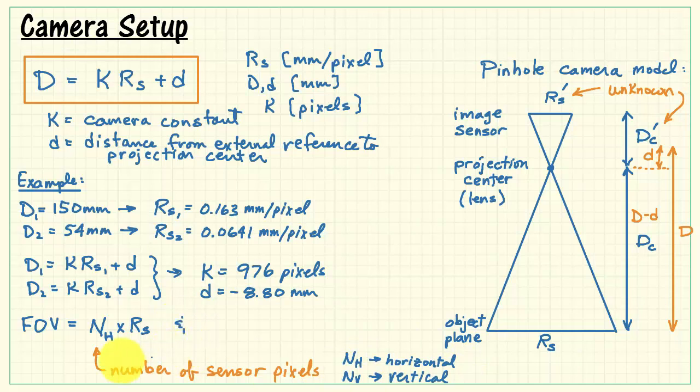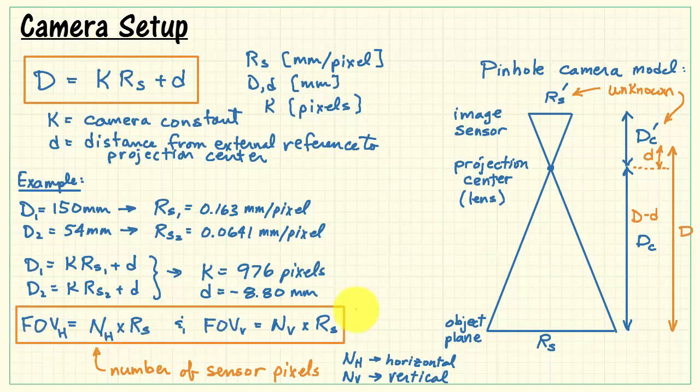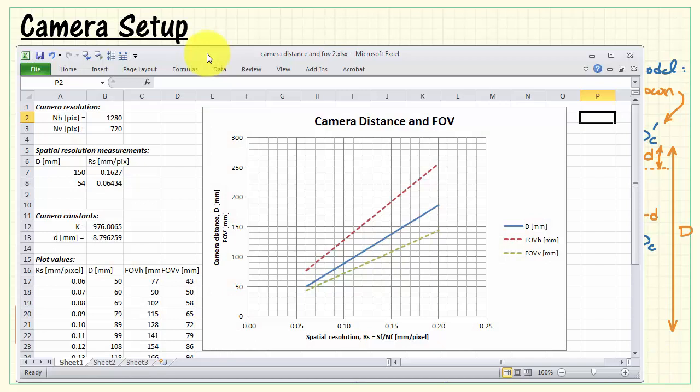And let me come back and call that field of view in the horizontal direction and field of view in the vertical direction. Those 2 values, n sub h and n sub v, are properties of the camera. If we assume that we've got square pixels, which is generally the case, then we use the spatial resolution for each.